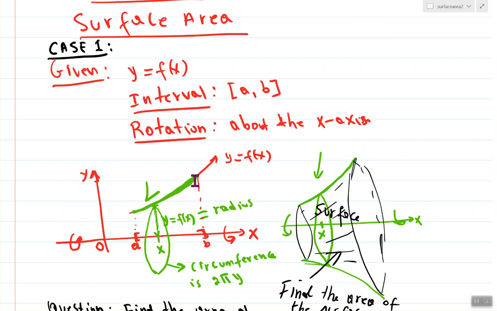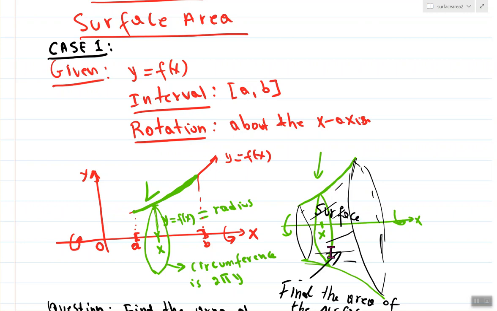So this arc will sweep a surface. Okay, so it's going to sweep a space and they create this surface. So we're not talking about the empty space inside here. We're not talking about the volume.